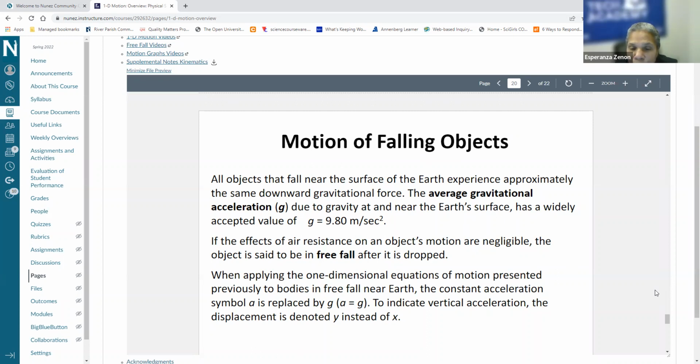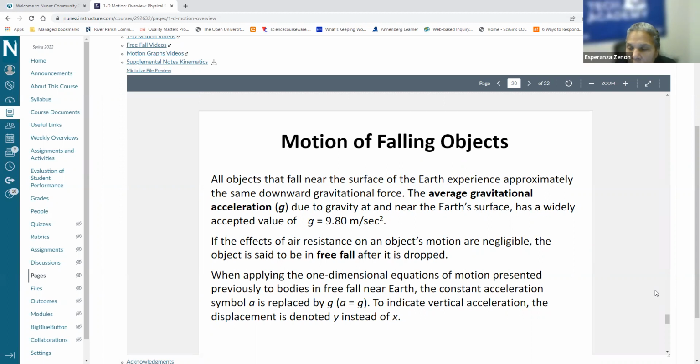I like to say free fall is vertical motion, because vertical could mean up or down, right? And so if an object is free falling on Earth, vertical motion on Earth, gravity is producing an acceleration that is constant, 9.8 meters per second squared.